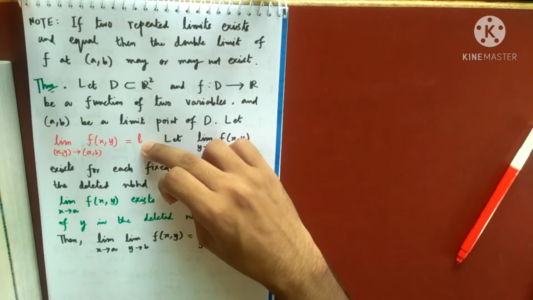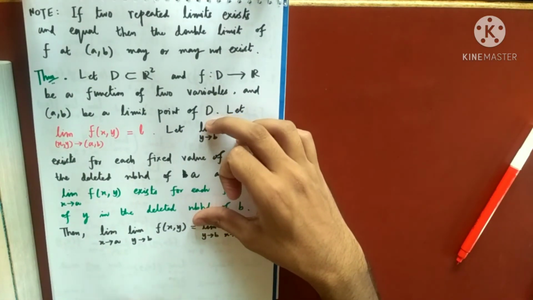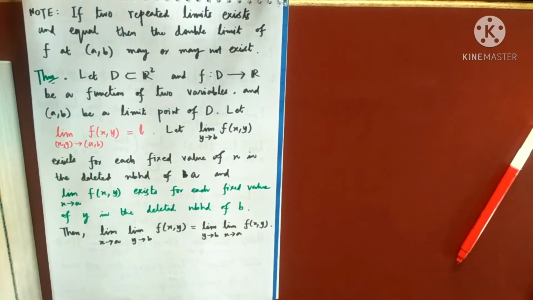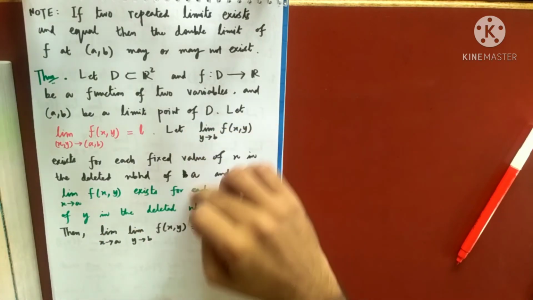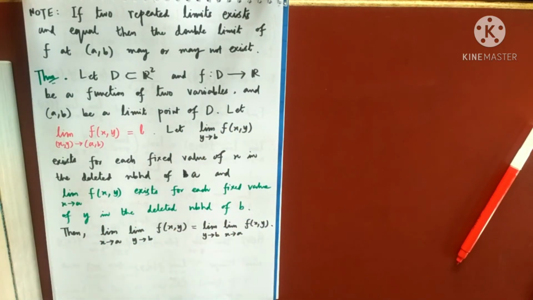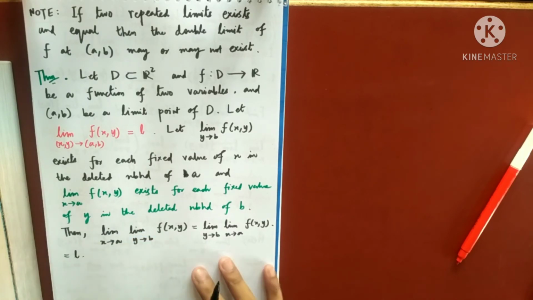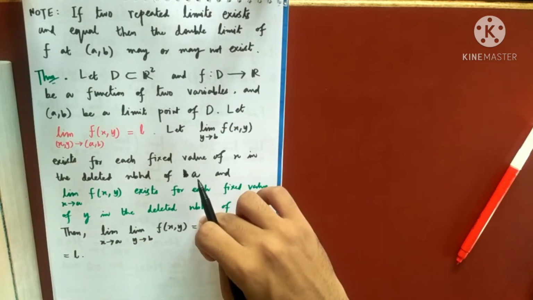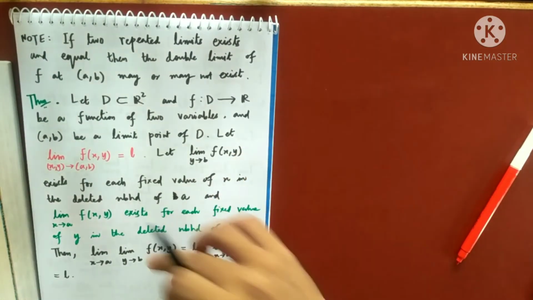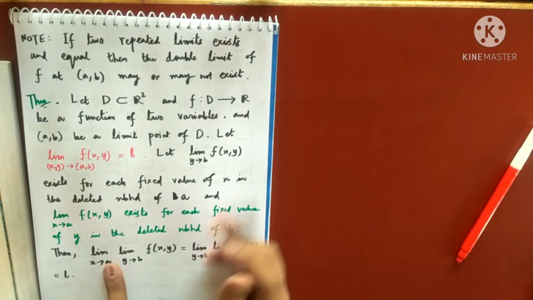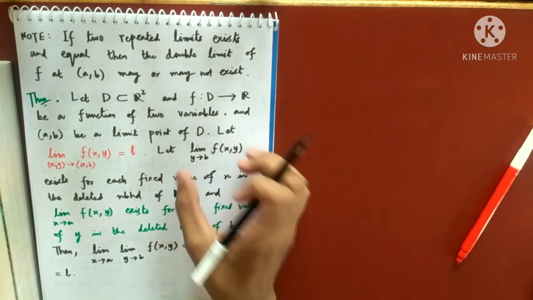So if the double limit exists and this condition is satisfied, then the repeated limits will be equal. So if the double limit exists and is equal to L and this condition is satisfied, then both the repeated limits will be equal and will also be equal to L, that I forgot to write. But what is this limit? It's very simple. This limit, I'm talking about this one, will be a function of x.